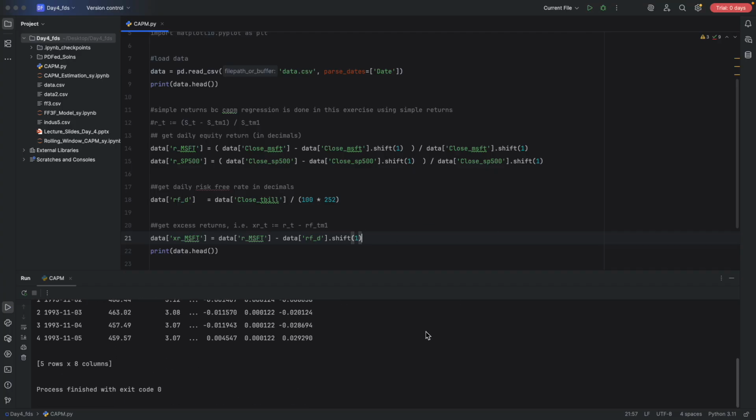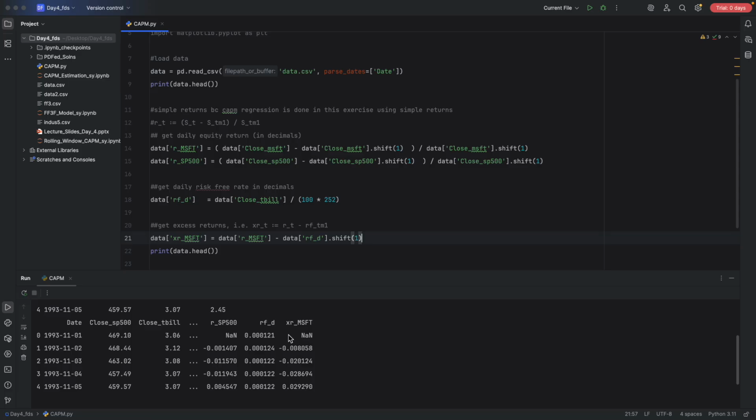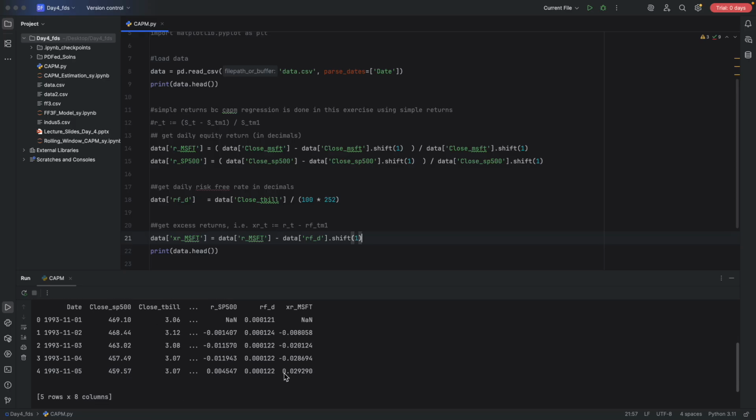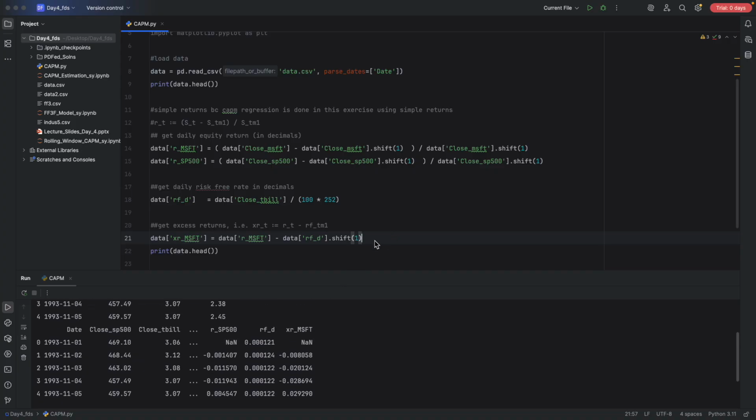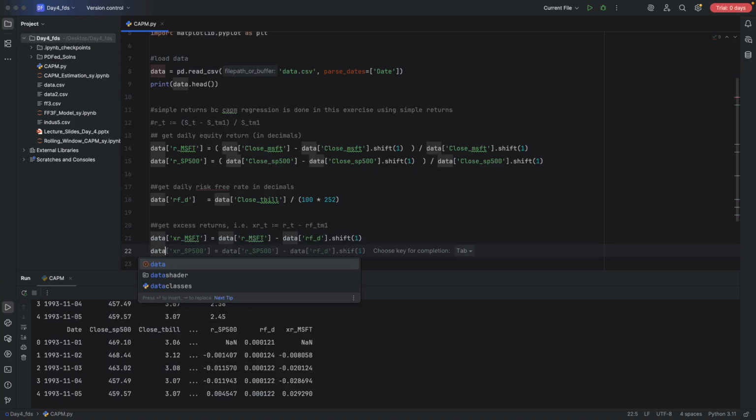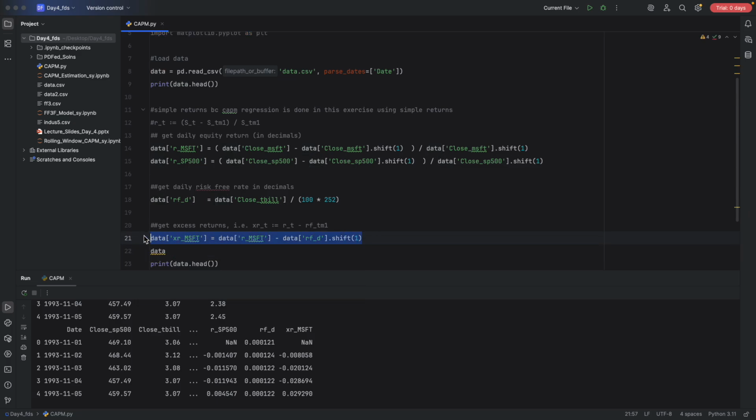So let's see if I run it. Okay, I don't take care of the NaNs right now. I do it before we move to the regression. For now, Python is able to work with that. We see here nothing has changed, just the values, of course, got reduced by RFD. I now do the same for the index. It's very symmetric, so I simply change the name.